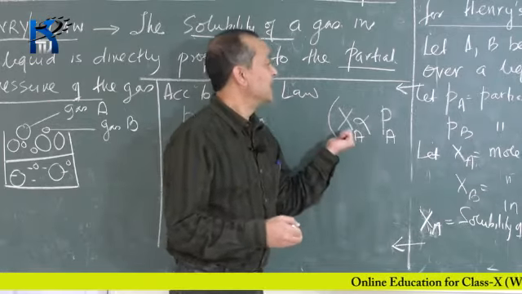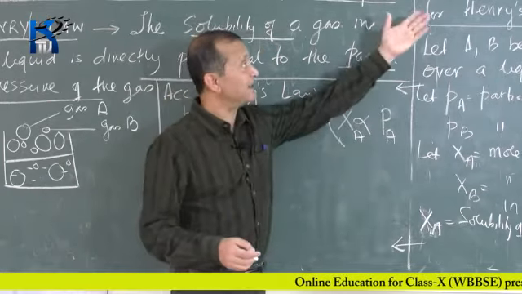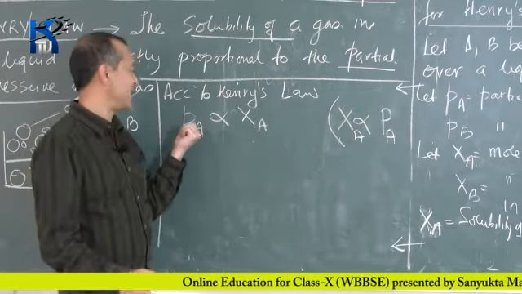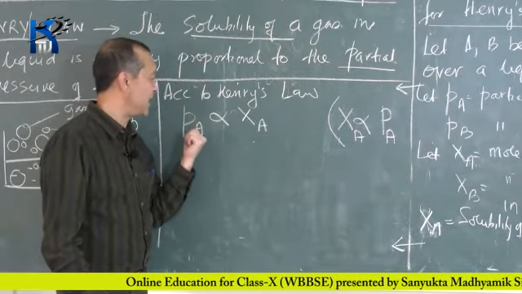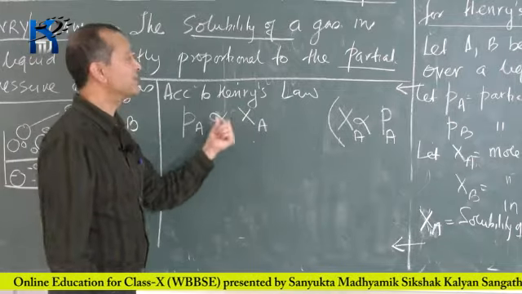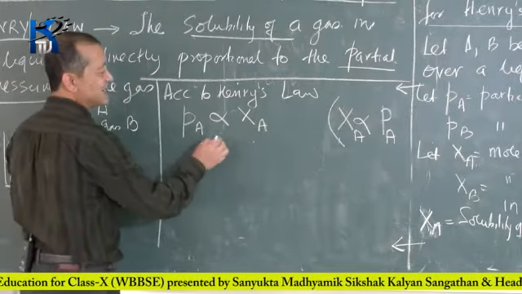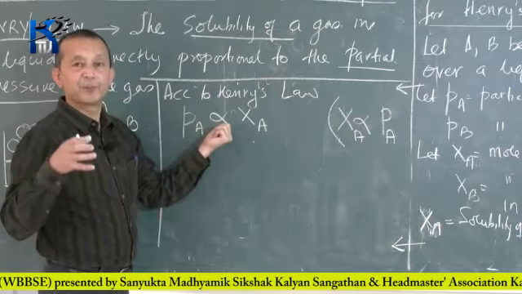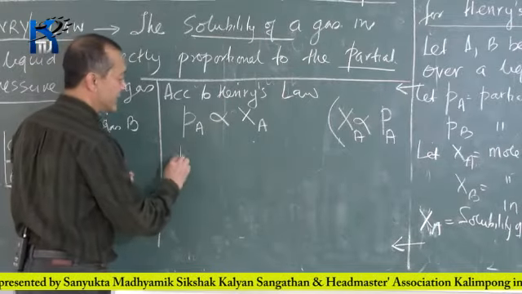Therefore, in the mathematical expression for Henry's law, it is normally written like this: PA is proportional to XA. Whenever there is an expression of proportionality, we have to create a constant.